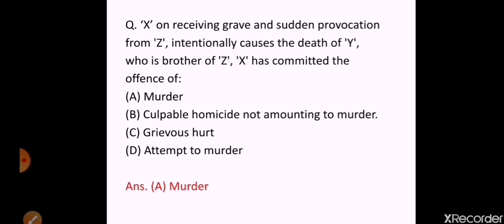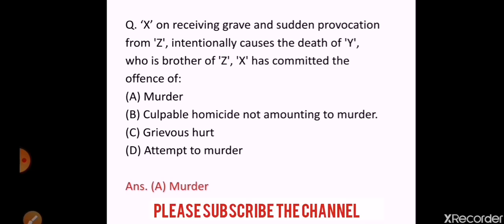People will get confused between option A and B, but this will come under murder only, and that is why, as I have told you, this question is already based on section 301 of IPC, so it will be covered under murder.